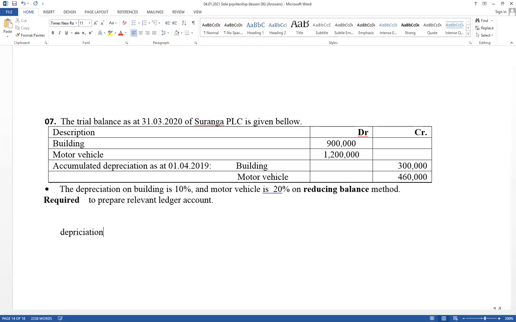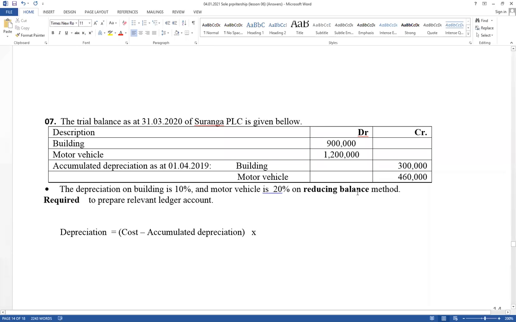Depreciation expense equals cost minus, now not residual value, cost minus accumulated depreciation into percentage. Cost minus accumulated depreciation into depreciation rate.